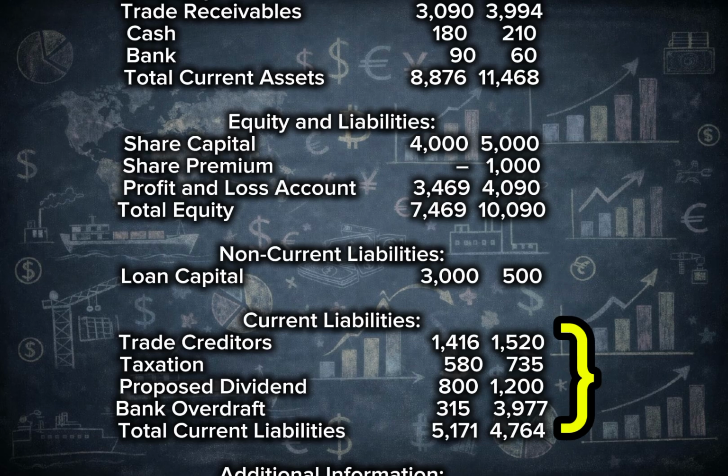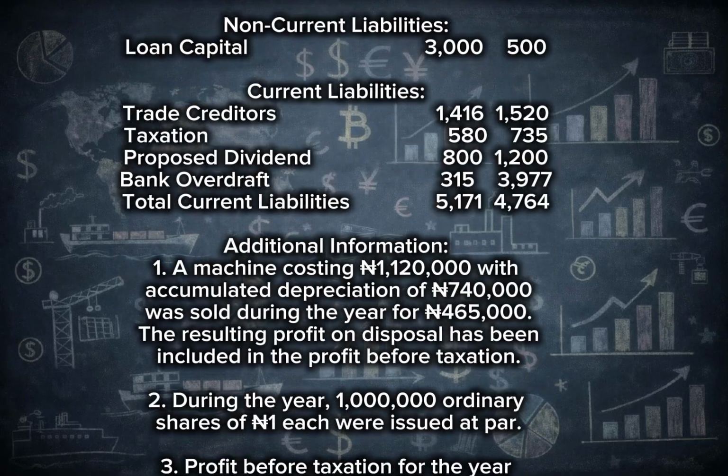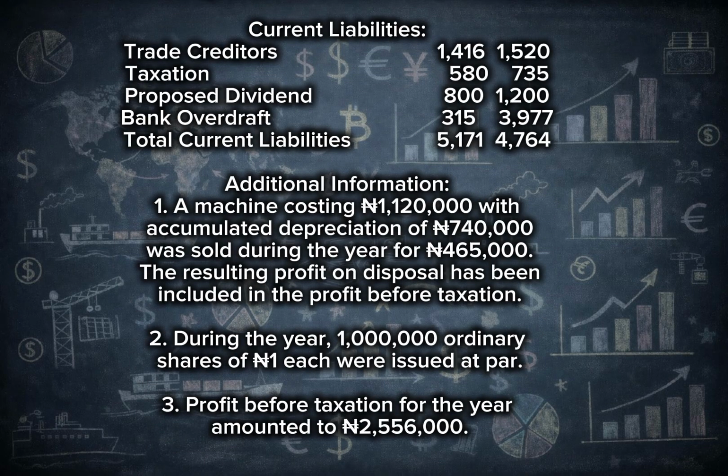It also has additional information where it states that Kate Limited sold a machine costing 1,120,000 that suffered an accumulated depreciation loss of 740,000 and was sold during the year for 465,000.